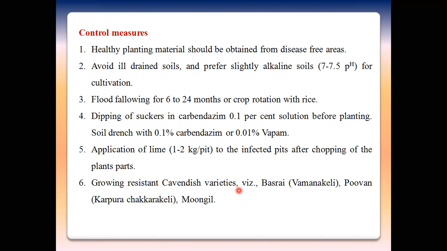Near about 40,000 hectares of land was totally destroyed due to this disease. So that's why this disease is also known as the Panama wilt.